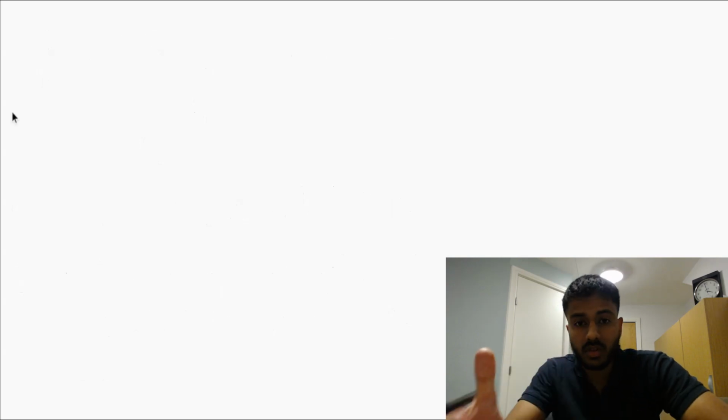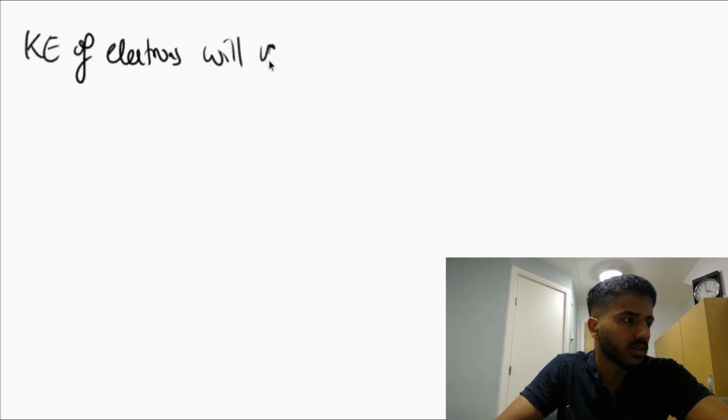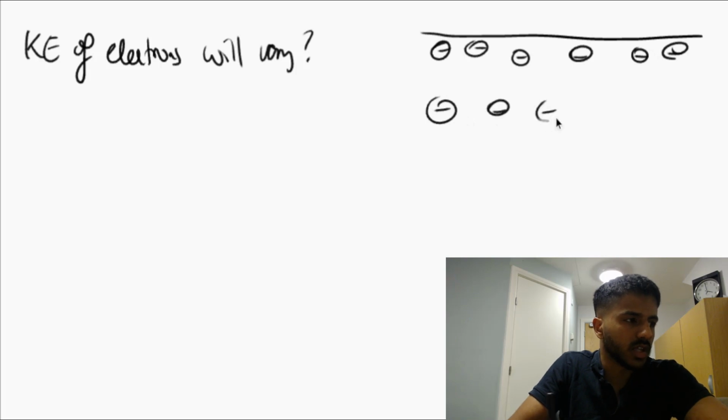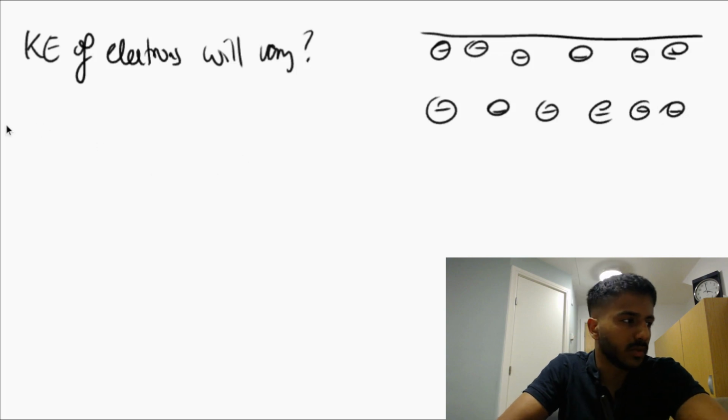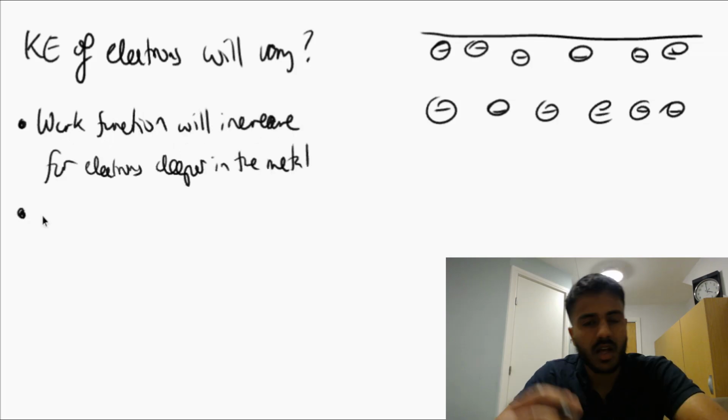Now, if you were to somehow do this experiment in real life, you'd actually notice that the kinetic energy of electrons released will vary. And why is that the case? Well, if you look at a metal, there are lots of electrons on the surface of this metal, but there are also electrons that are further down, deeper in the metal. So for any electrons that are deeper in the metal, the work function will increase. And that means it will require more energy for these electrons to get released.